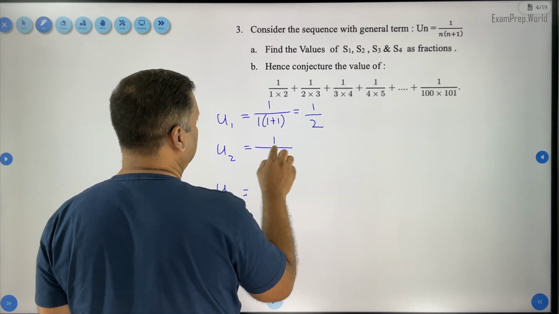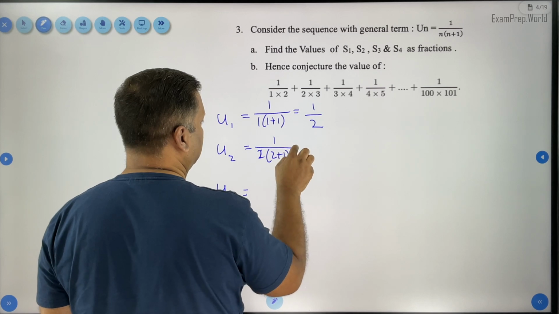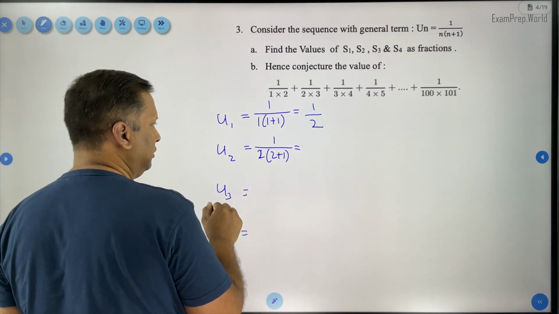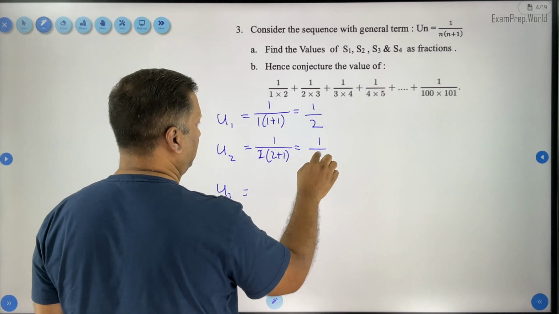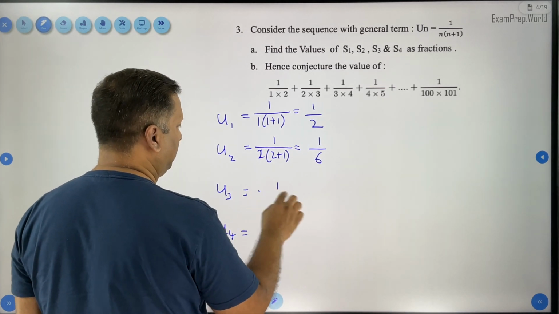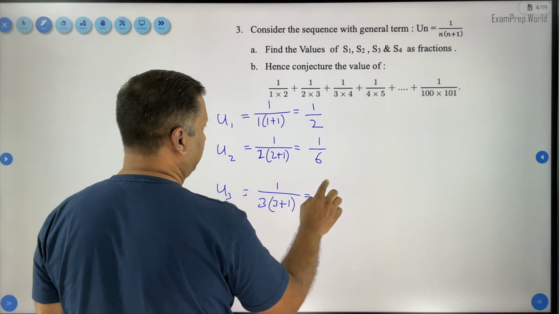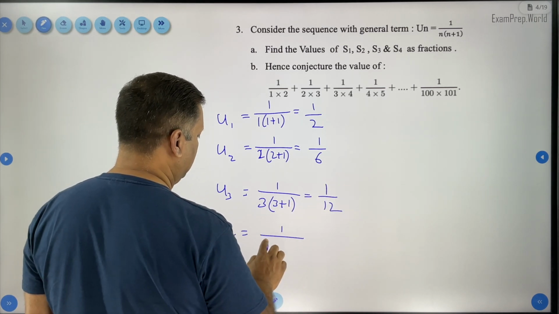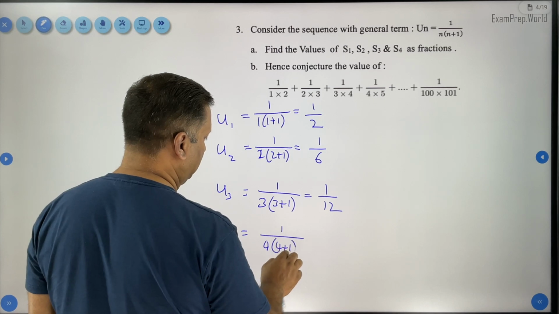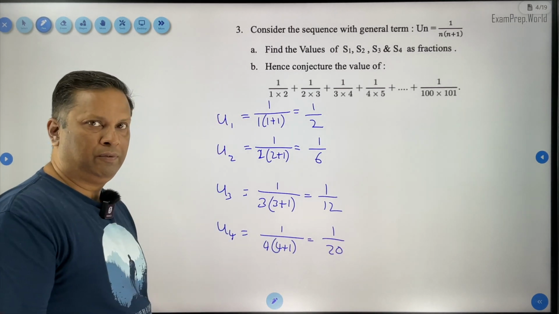U2 is 1 upon 2 times 2 plus 1, correct? 2 times 3, which is 1 upon 6. U3 is 1 upon 3 times 3 plus 1, 12, 1 upon 12. U4 is 1 upon 4 times 4 plus 1, 4 times 5, 1 upon 20. So these are our first 4 terms.